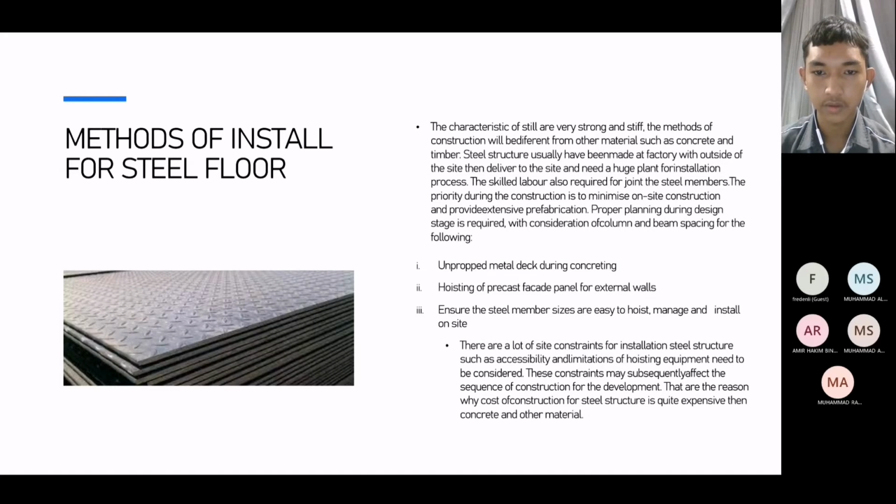There are a lot of site constraints for installation of structures, such as accessibility and limitation of hoisting equipment, that need to be considered. These constraints may subsequently affect the sequence of construction for the development. They are the reason why the cost of construction for steel structure is more expensive than concrete and other materials.